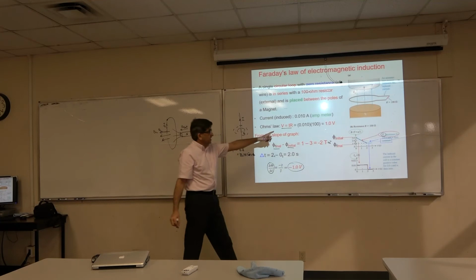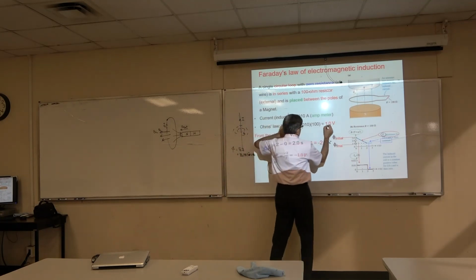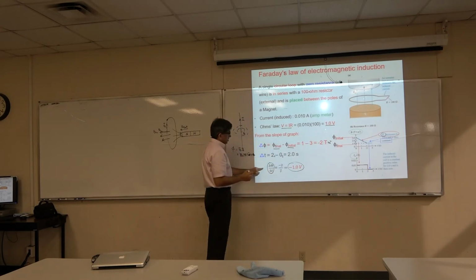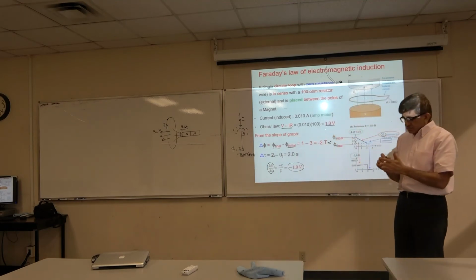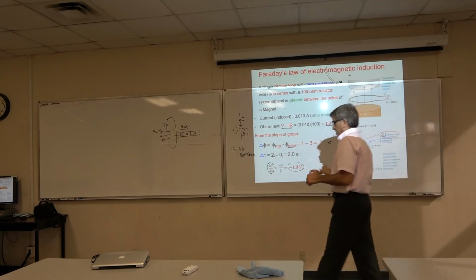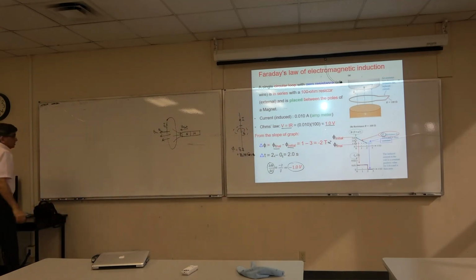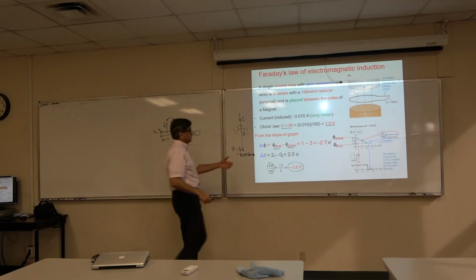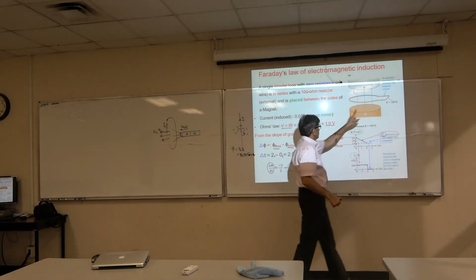And look at that. Using Ohm's law, I got 1 volt. And using the change in flux, I got 1 volt. Now, this negative sign tells you the direction, that is positive or negative. That depends on the current. But in magnitude, I just wanted to make sure of the confirmation.